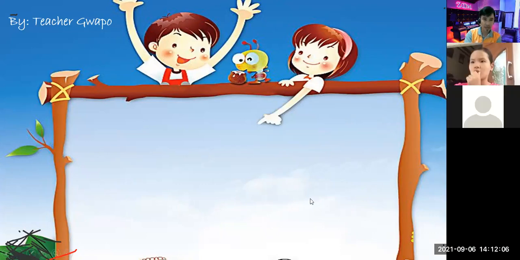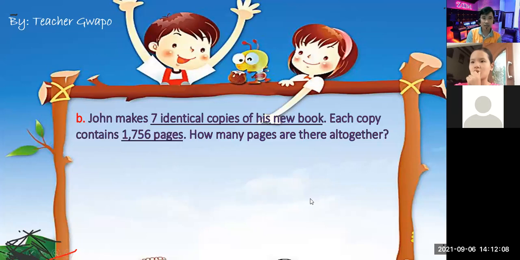On page 46, letter B, let me read the story. John makes 7 identical copies of his new book. How many copies of his new book? 7. Okay, so John makes 7 identical copies of his new book, and each copy contains 1,756 pages.